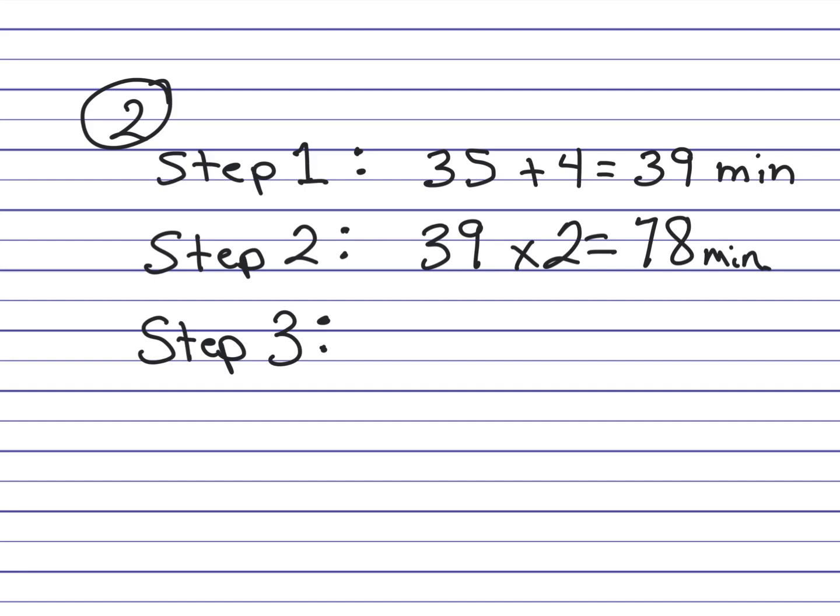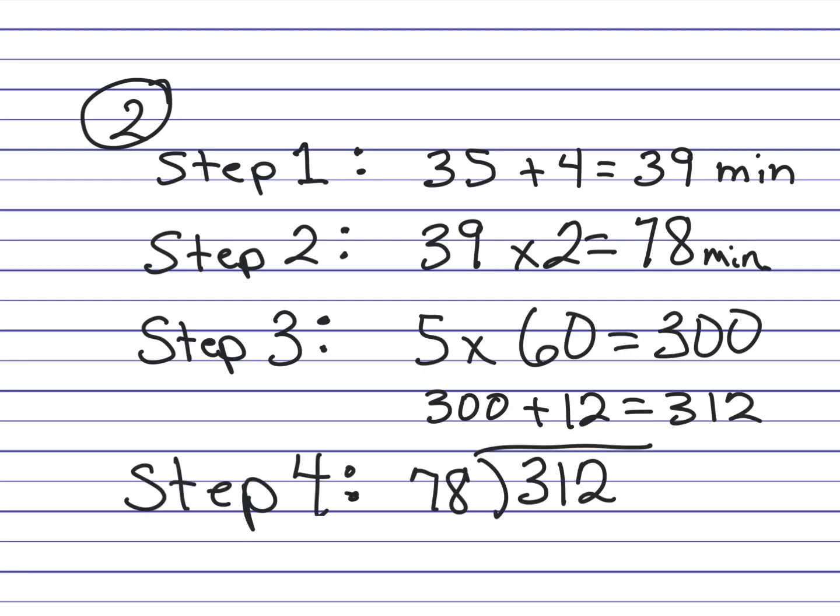But there's one more step before we do division. 5 hours, we have to change that to minutes and then add in the 12 minutes. So 5 times 60 and then add in 12 minutes. And then we'll do our division in step number 4. So stop the video right now and see if you can figure that out, step 3 and 4.